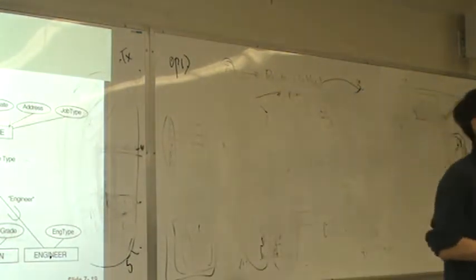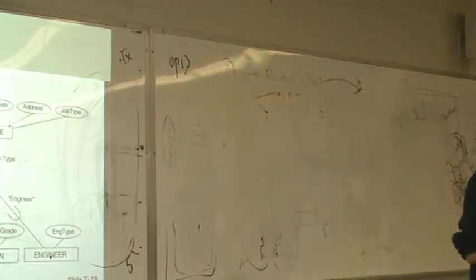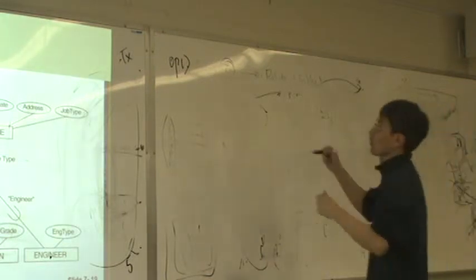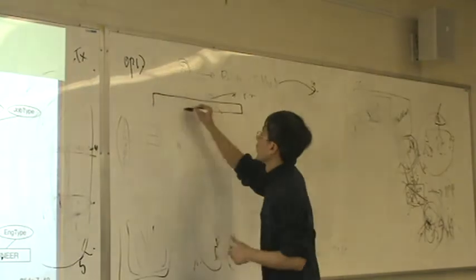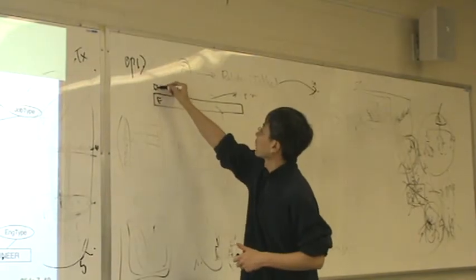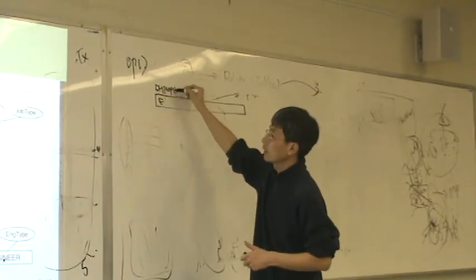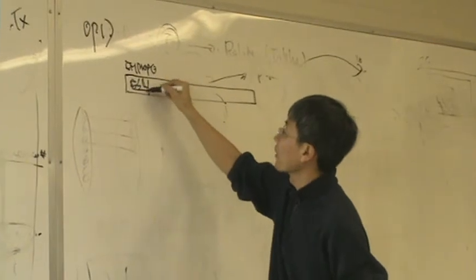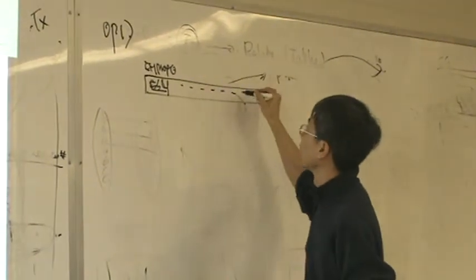So we will create one table, one relation for each class. Even though we have one entity, we will create one by one. For example, employee: SSN is a primary key, and so on.